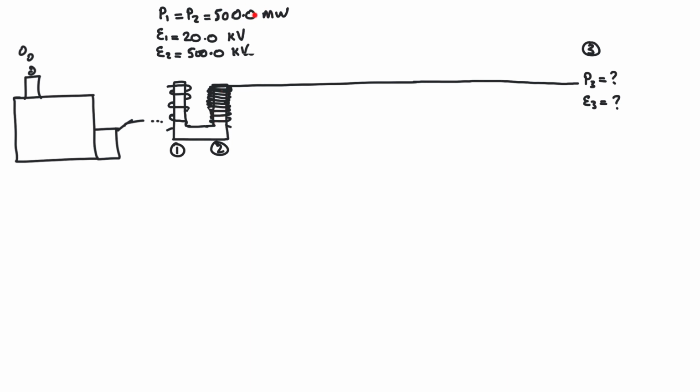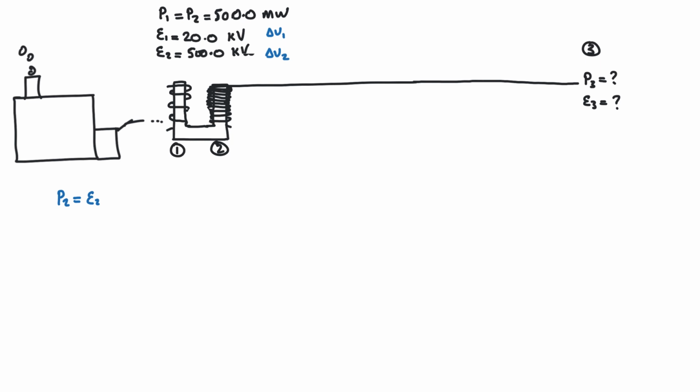We have the power, we have the EMF at that point, so power 2 is going to equal the EMF 2, or you can also call this the potential difference at stage 2.